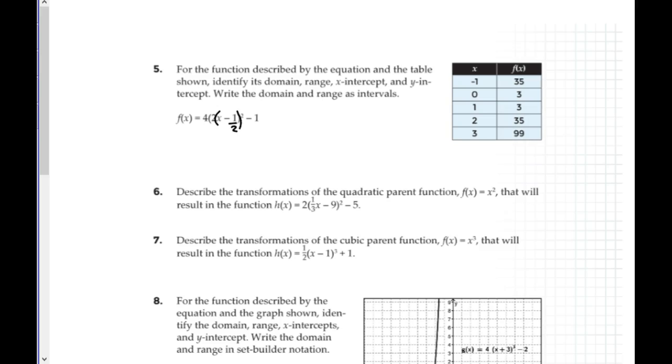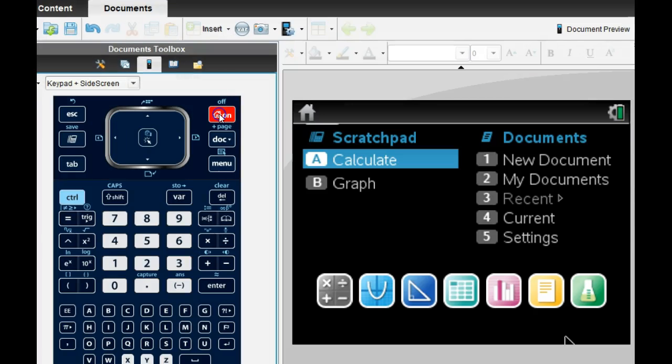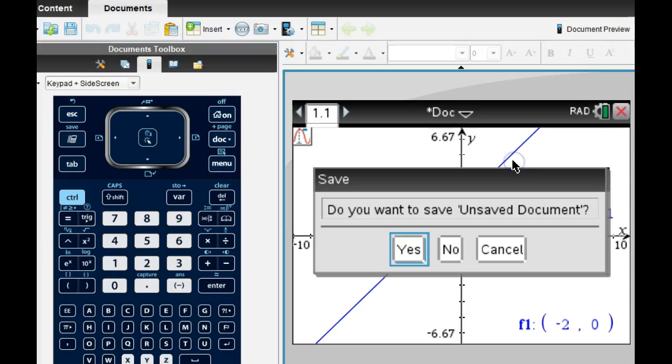So domain and range. Now, notice that means it's quadratic. Quadratic is going to look like this, right? A parabola. So, domain and range. Now, if we have that graph, we should type it in so we can get a look at it.